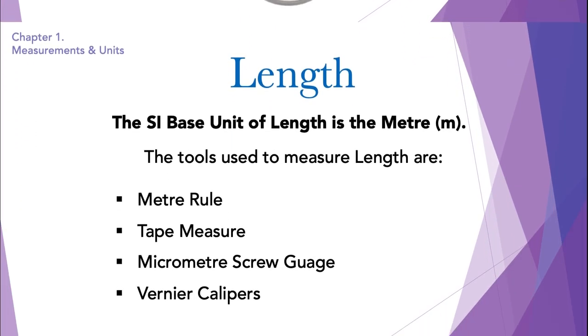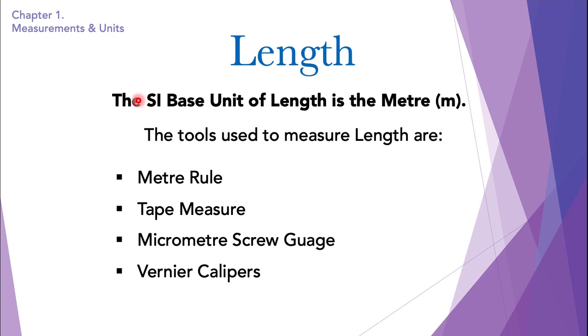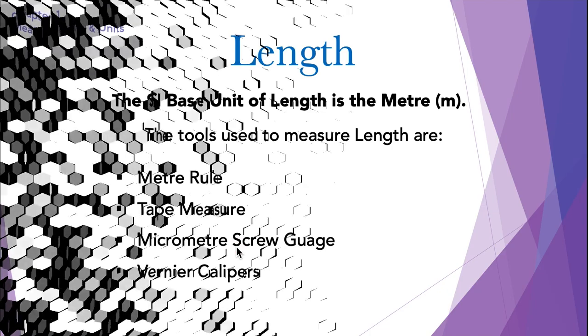Next we have length. The SI base unit of length is the meter, and the tools we use to measure length are the Metre Rule, tape measure, micrometer screw gauge, and lastly the Vernier Calipers. So these are a lot of tools and we're going to understand these tools right now. Starting with Metre Rule.